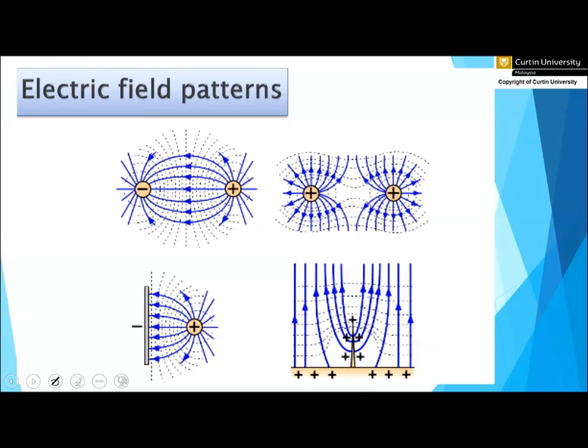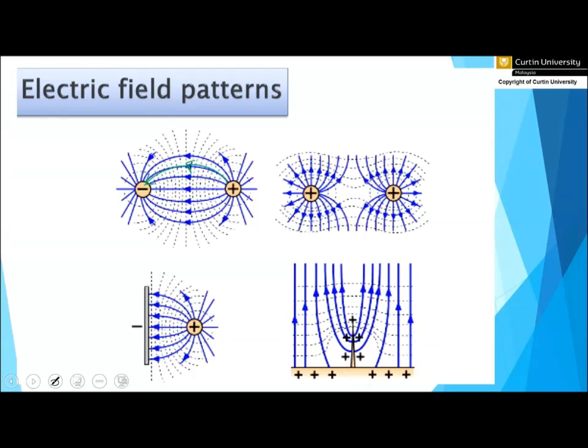Alright, so by knowing the pattern of electric field, we can get different kinds of patterns with different types of charge orientation. It always follows the rule: positive charge, the electric field goes outwards, and it goes inward into negative charge.